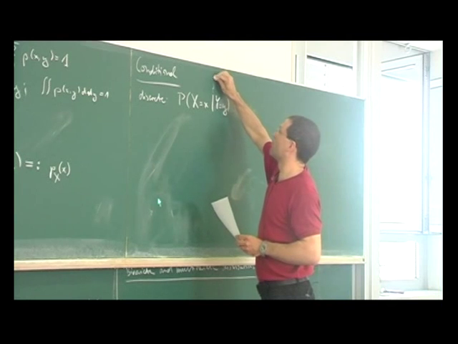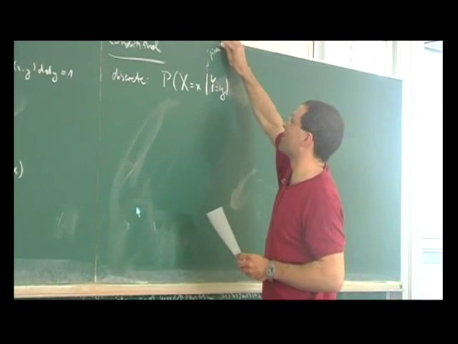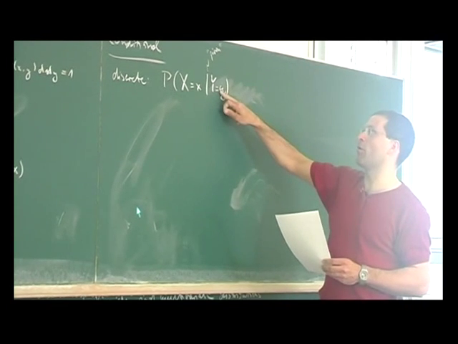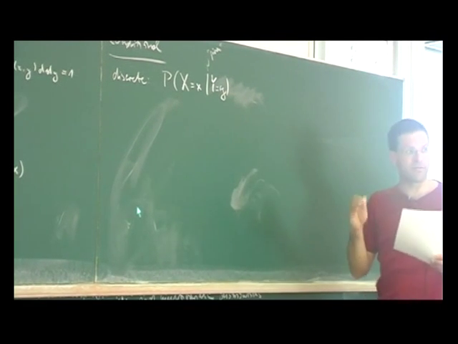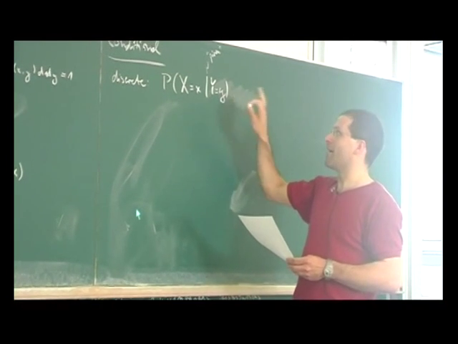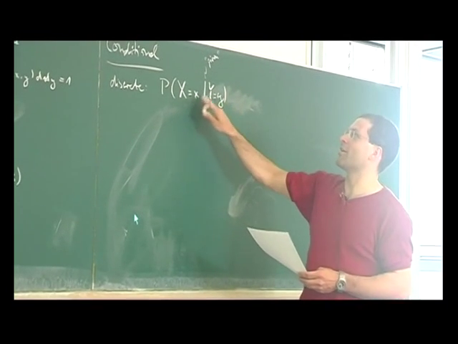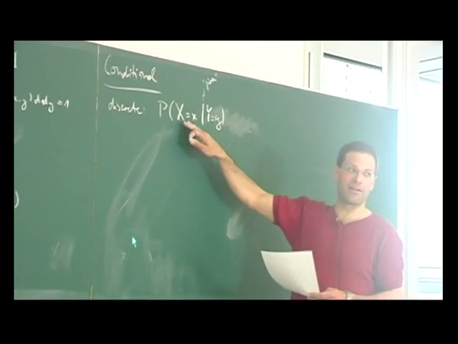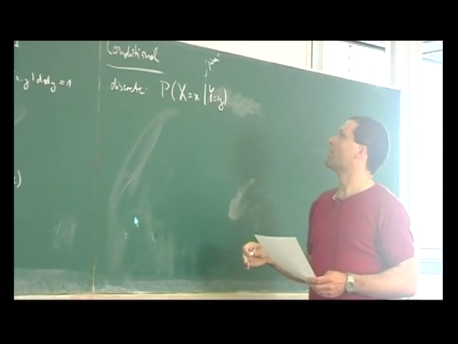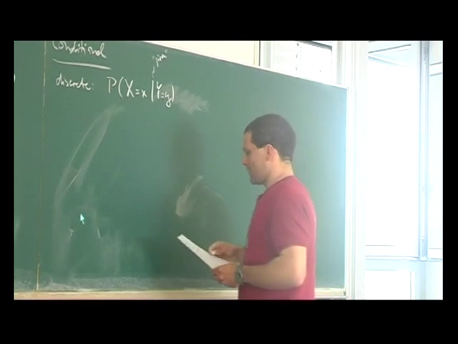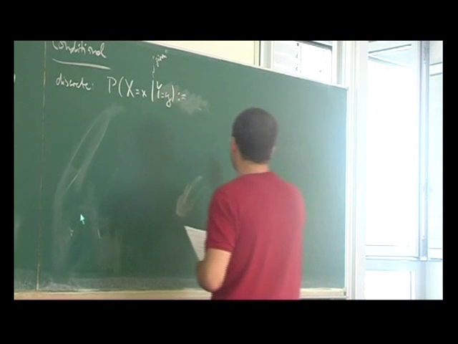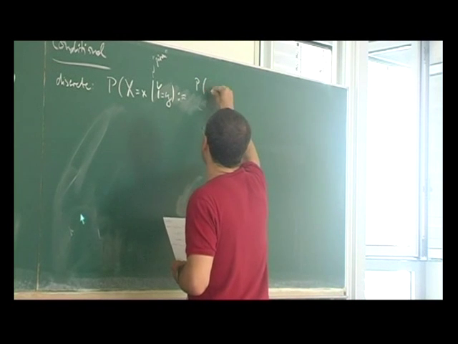This is pronounced as given. So we know that y takes this value small y. We fix the fractal dimension, for instance, to some value 1.3. And given this fixing, we want to know what is the distribution of sheep then over time. Okay, and that is defined as the joint divided by a normalization factor.